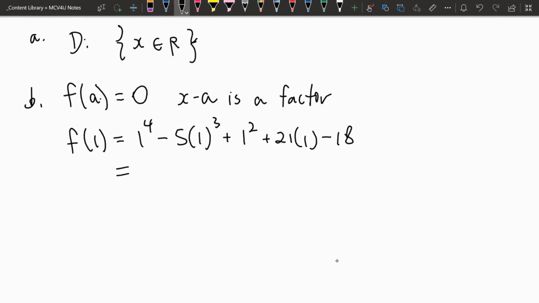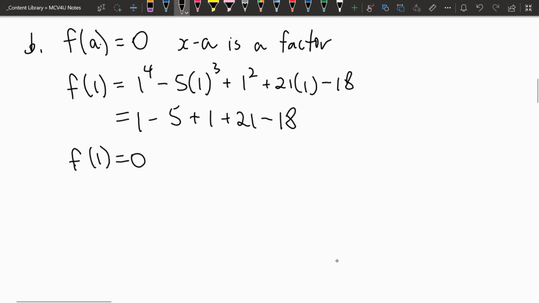Now if I simplify this, we have 1 minus 5 plus 1 plus 21 minus 18. And it turns out when I add up all those numbers, we get 0. f of 1 equals 0. Therefore, x minus a, x minus 1, is a factor.